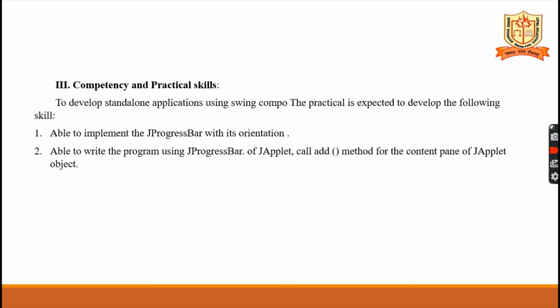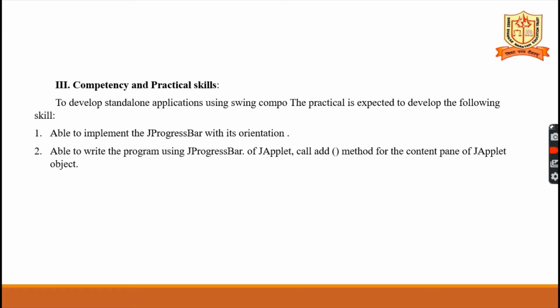To develop a standalone application using Swing components, the practical is expected to develop the following skills: able to implement the JProgressBar with its orientation, and second, able to write a program using JProgressBar in the applet, or call the add method for the content pane of the JApplet object.